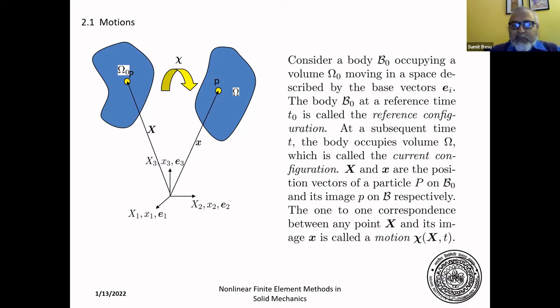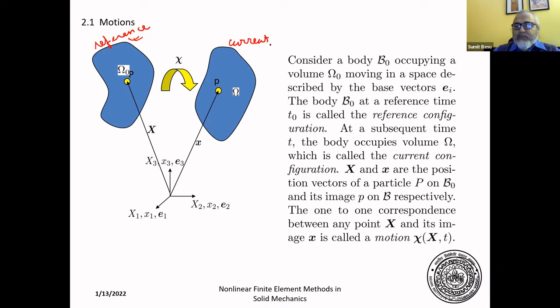now draw this picture of a body which is in this configuration at time t equal to 0. It is called the reference or initial configuration. And at some later time, it deforms into this configuration, which will be called the current configuration.